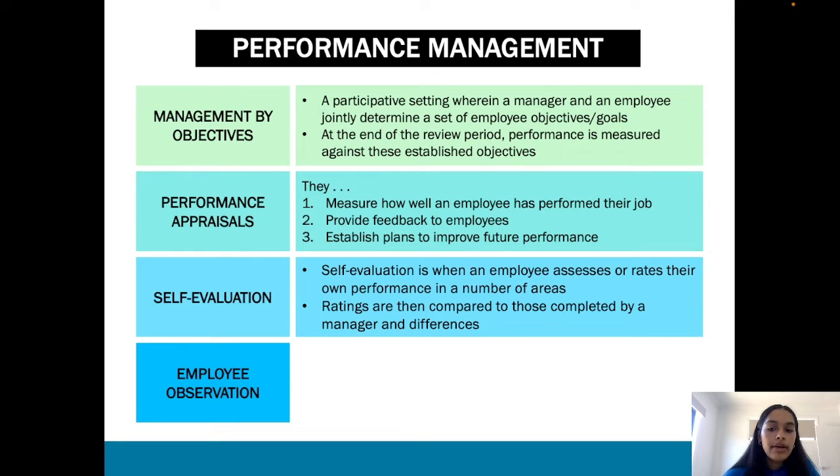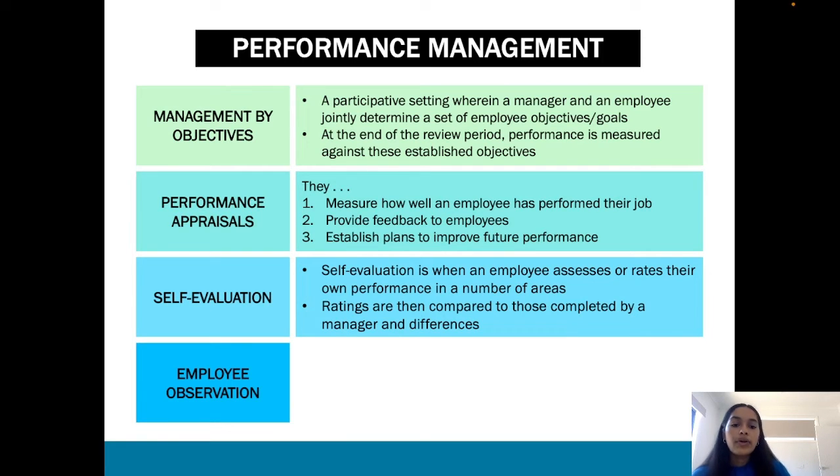And the employee might assess and rate their own performance first. And then separately, the manager is also going to complete the same assessment, rate the employee's performance, and those ratings are compared to those completed by the manager. And then they would probably discuss the differences as well.